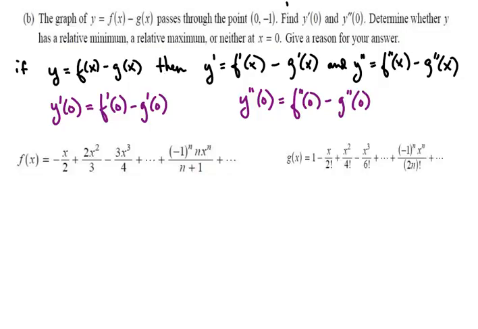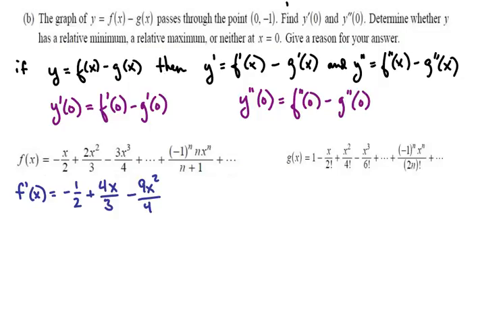So this might be a good time to bring in the two functions, f of x and g of x. What we're really looking for is f prime of x, so I will take the derivative of each term. For f of x, f prime of x should look something like negative 1/2 plus 4x over 3 minus 9x squared over 4.